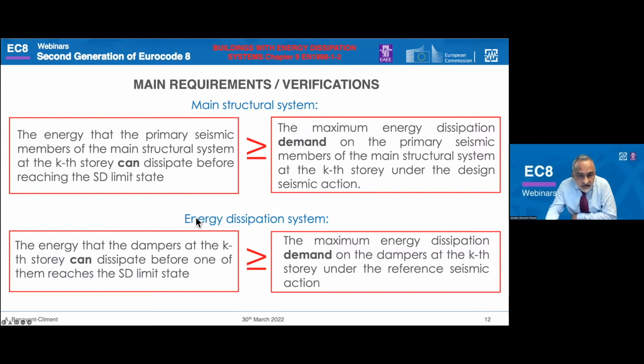As for the energy dissipation system, the main requirement is that the energy that the dampers at the K story can dissipate before one of them reaches the significant damage limit state must be larger or equal than the maximum energy dissipation demand on the dampers at the K story under the reference seismic action.